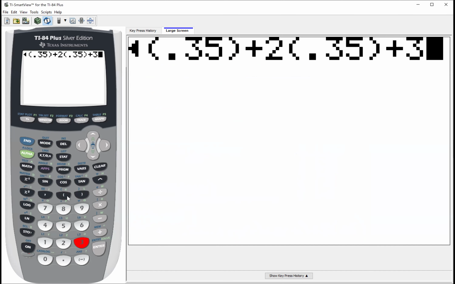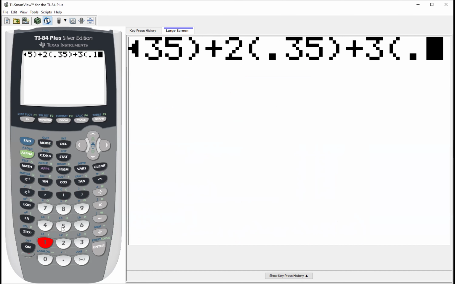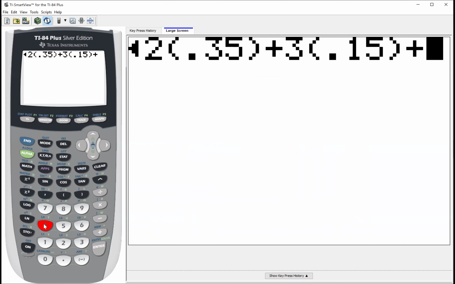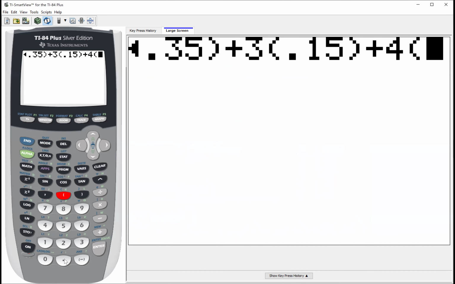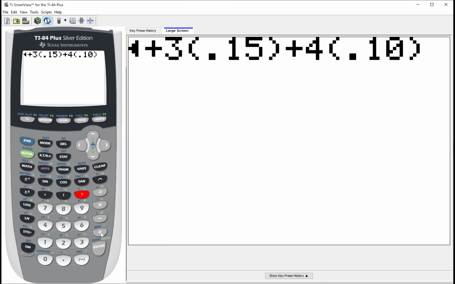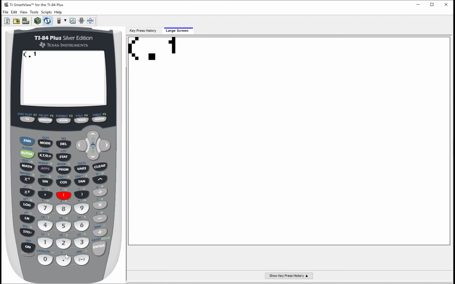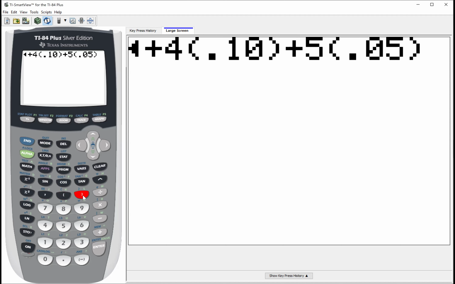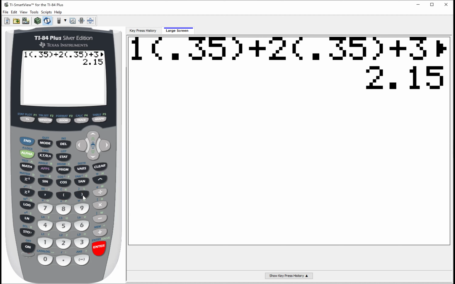Then we're going to take 3 and multiply that by 0.15. Then we're going to add 4 times 0.10. And then we have to add 5 times 0.05. So I literally typed it into the calculator the way we wrote it down on the worksheet. And we get 2.15.